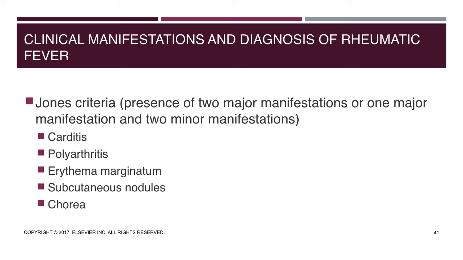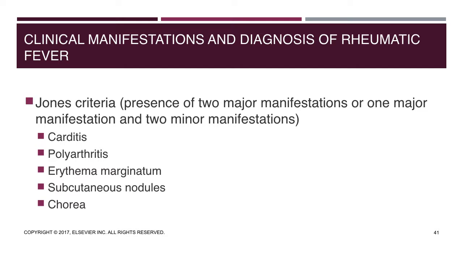So rheumatic fever can also cause a temporary nervous system disorder that was once known as St. Vitus dance. It's now known as Sydenham's chorea. And this is a nervous disorder that's characterized by rapid, jerky, involuntary movements of the body that usually occurs more on one side of the body.